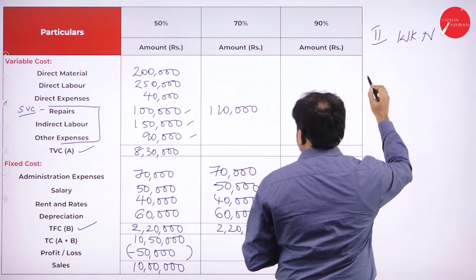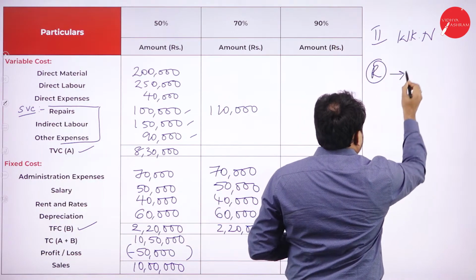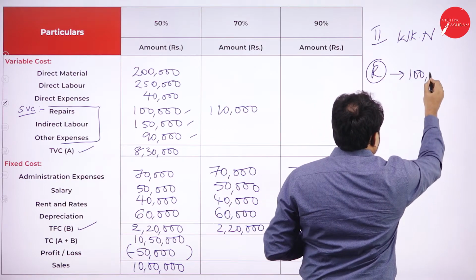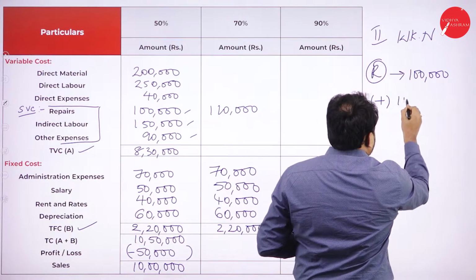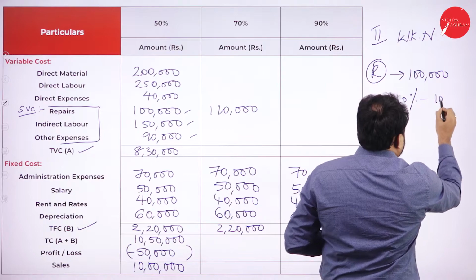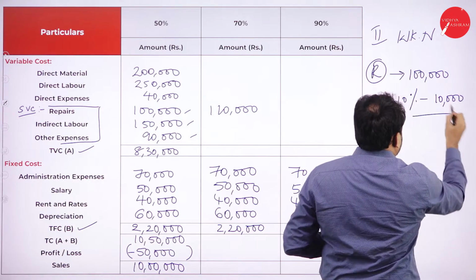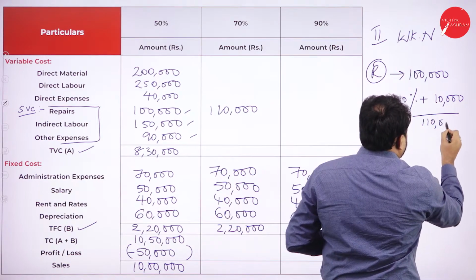Now, the heading is repair. We'll write here repair. Earlier, repair was for how much? 1 lakh. Now, we need to add 10% to that. 10% means 10,000. So 1 lakh plus 10,000 is 1 lakh 10,000.